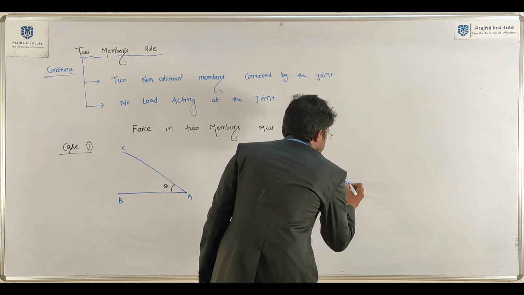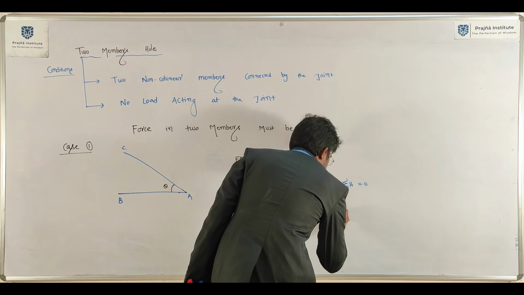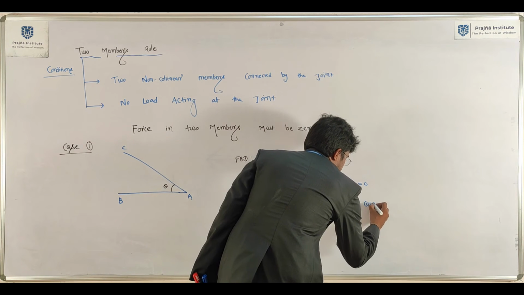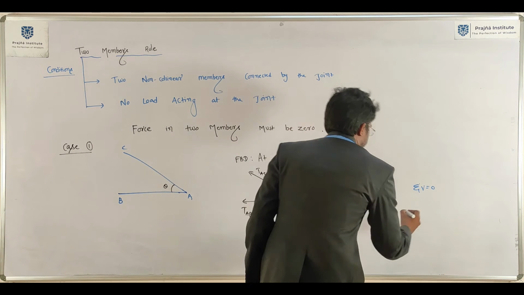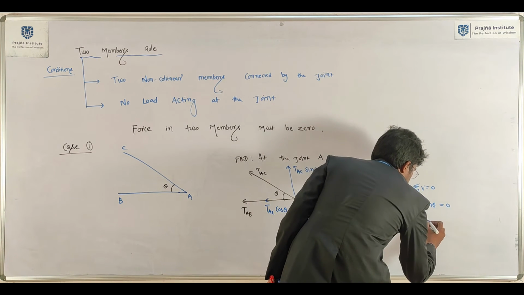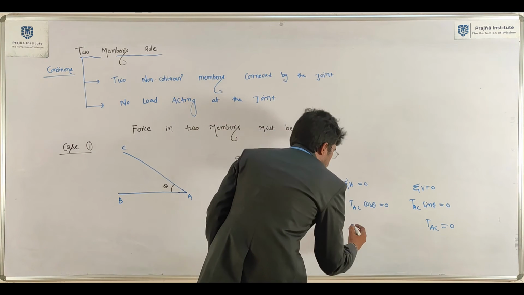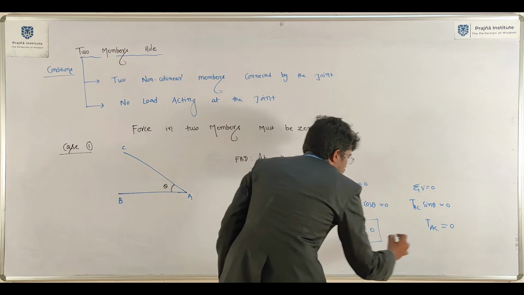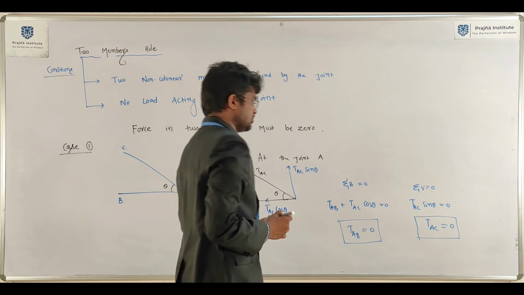Now apply equilibrium equations. Sigma H equals 0: TAB plus TAC cos theta equals 0. Sigma V equals 0: TAC sin theta equals 0. Here TAC equals 0 and TAB equals 0. Force in two members must be 0.